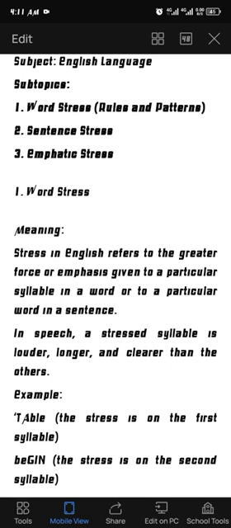Remember that whenever you talk, some words or phrases come out to be the loudest when you make a speech. Have you ever noticed that? I'm sure you have. Stress in English refers to the greater force or emphasis given to a particular syllable in a word or to a particular word in a sentence.